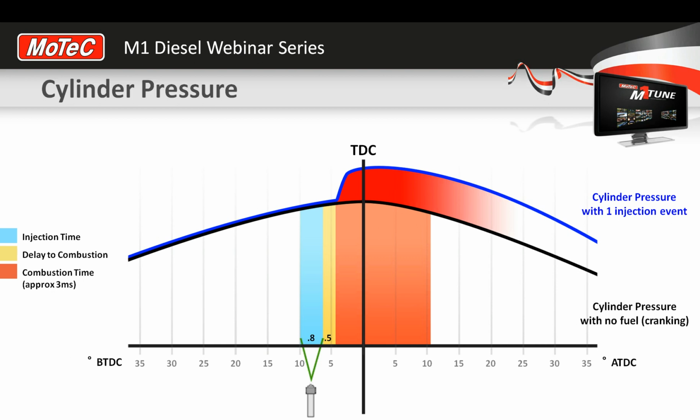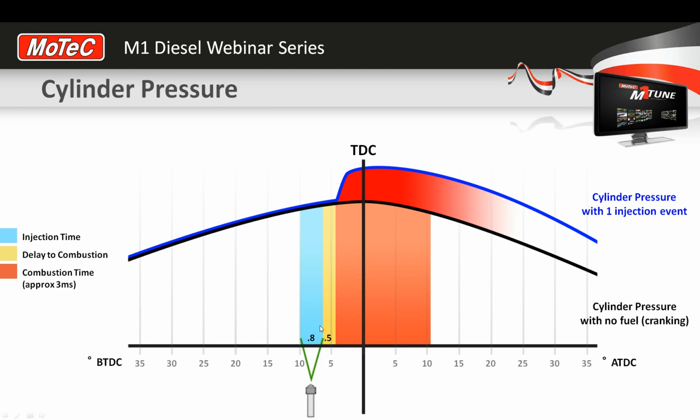Now we've got some fuel being added, so we'll just go through what's in front of you now. So the blue area here is the time the fuel is flowing from the injector. In this case our injection time starts at 10 degrees before top dead center, and it's finishing something like 7 degrees before top dead center. Alright, and then we've got the sort of mustard color here, that's our delay to combustion.